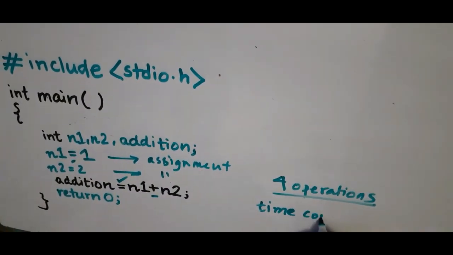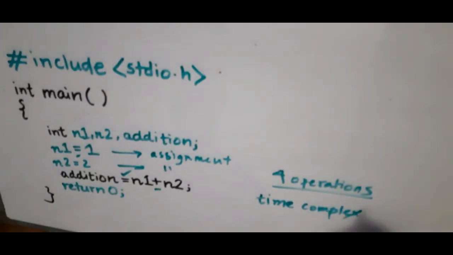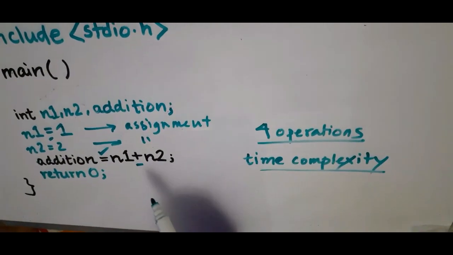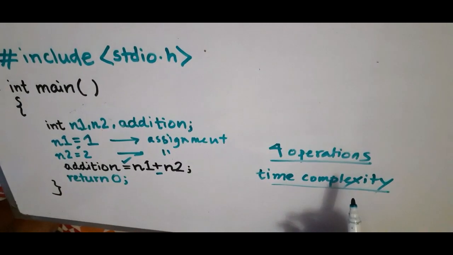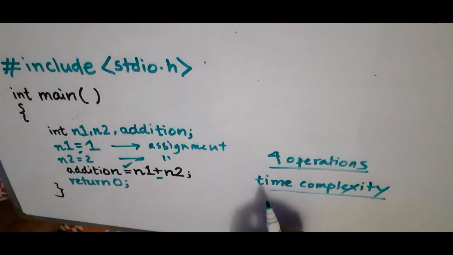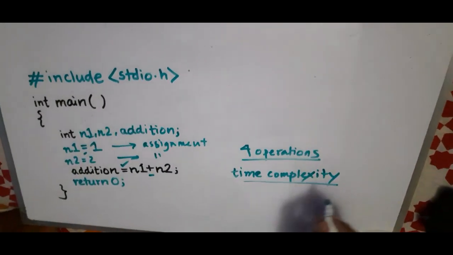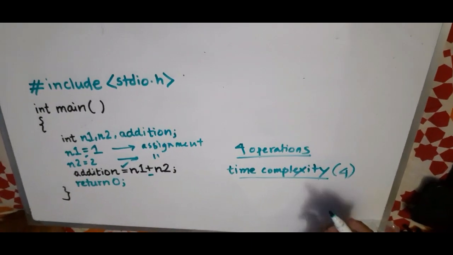Time complexity. This is what we were talking about in our previous problem. So as we can see that there are four operations, the question is, should the time complexity of this be 4 or something else?